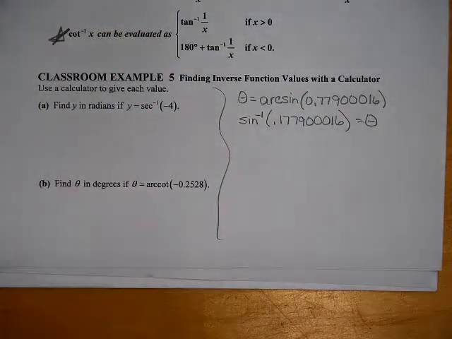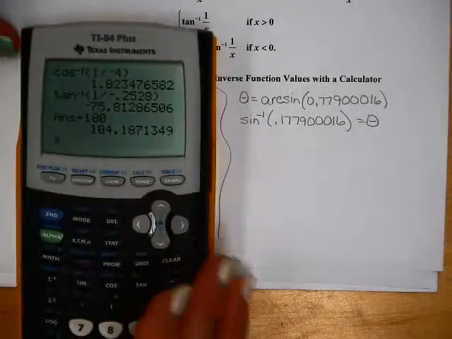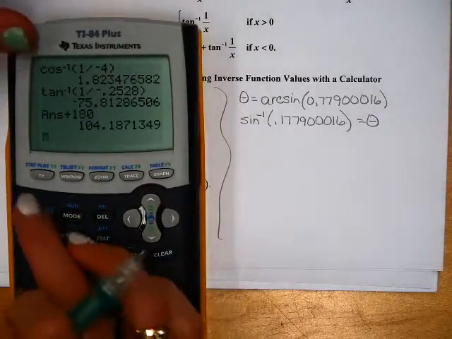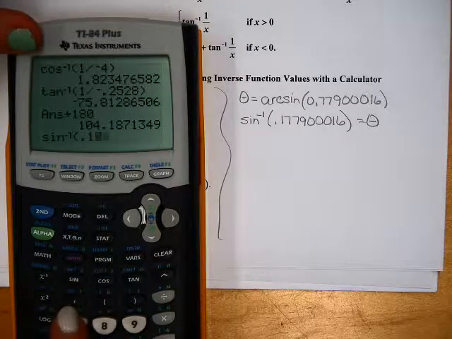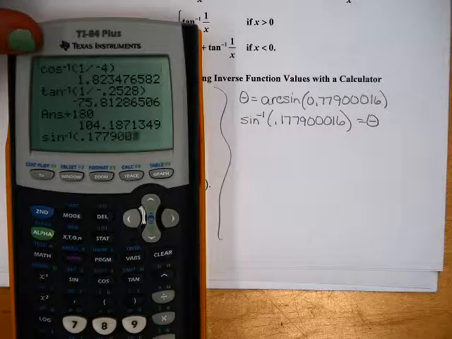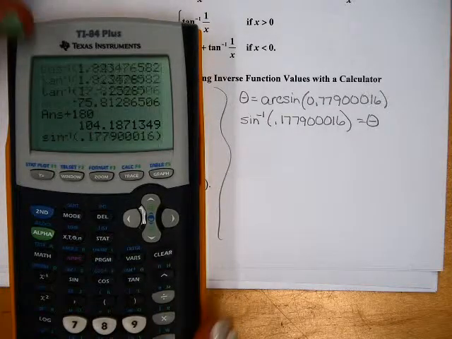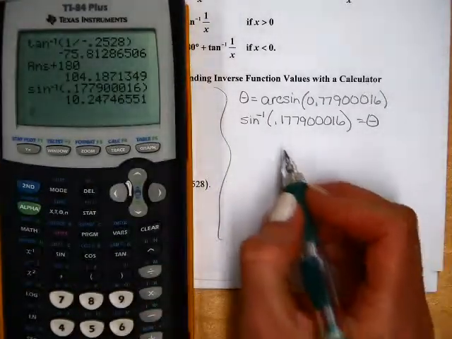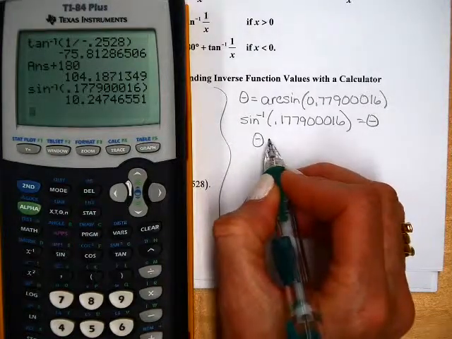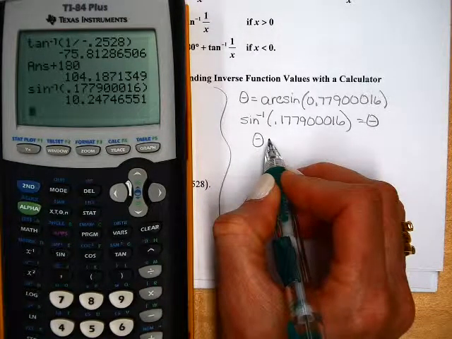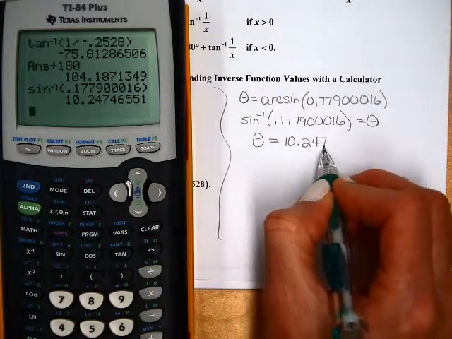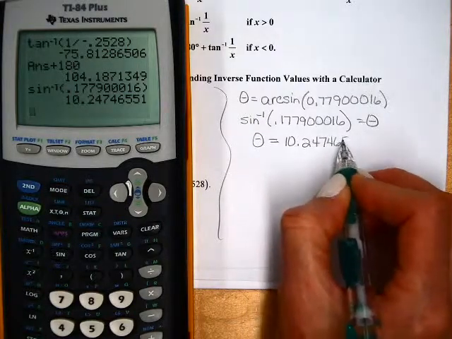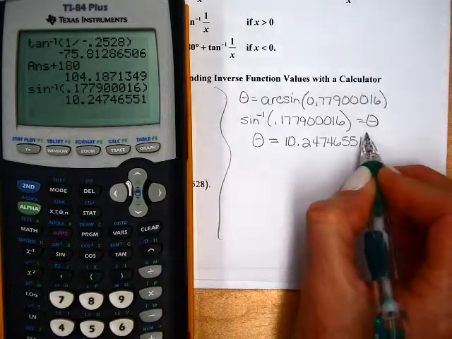So check the mode on your calculator, make sure you are in degree mode, and then all you have to do is type it in, second sine 0.177900016, and the angle would be, if I type that in correctly, 10.247465551 degrees.